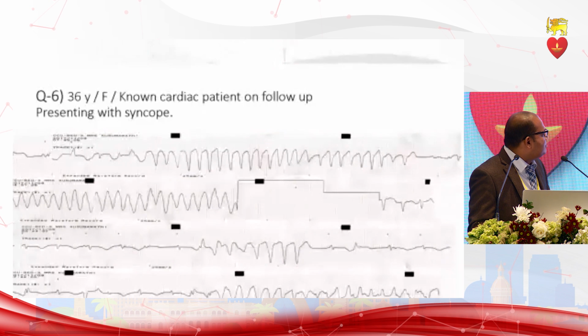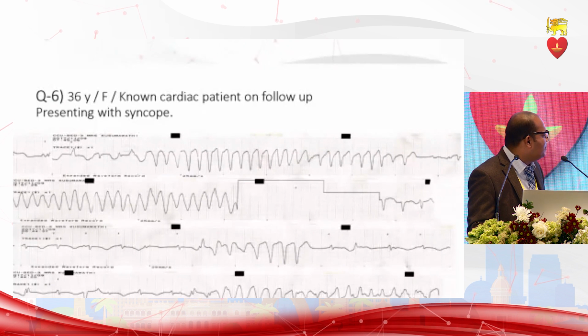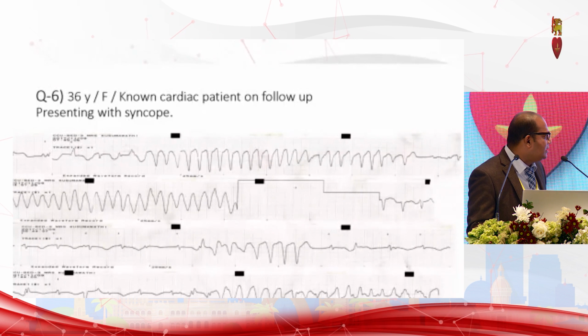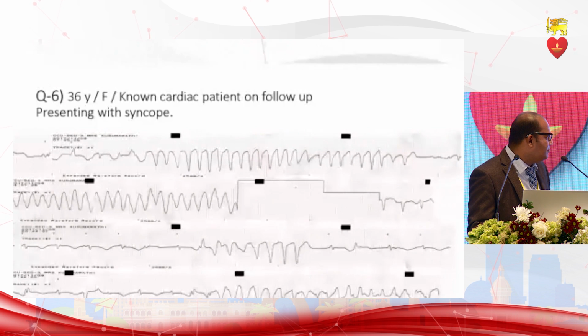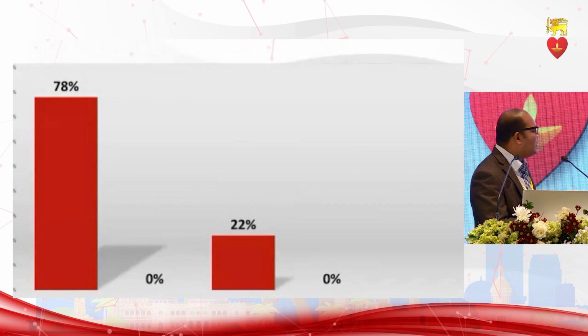So we can see a not so nice looking rhythm deteriorating into even worse rhythm, followed by a certain intervention, which is a DC cardioversion, which managed to achieve sinus rhythm only for a while, again going into the arrhythmia.